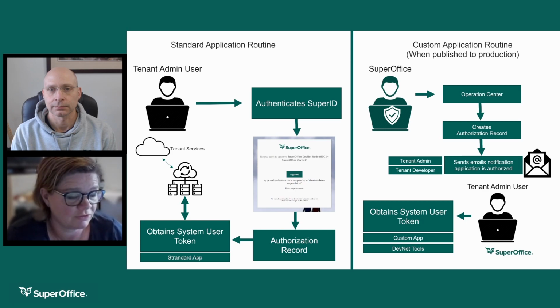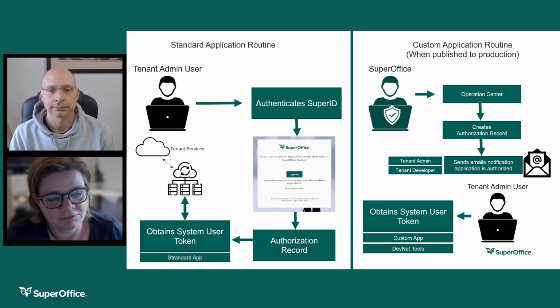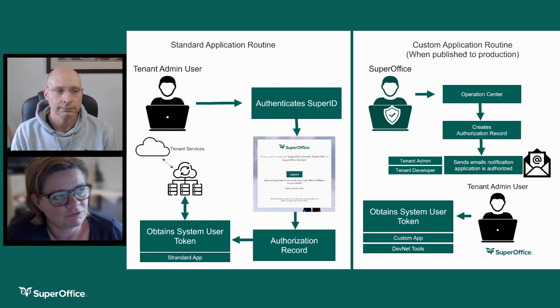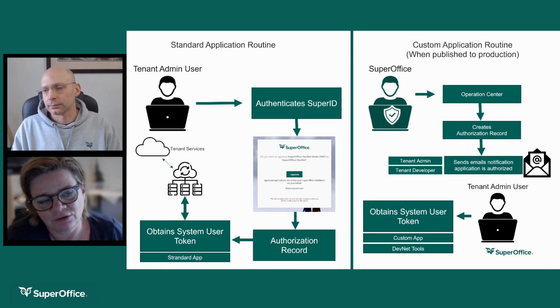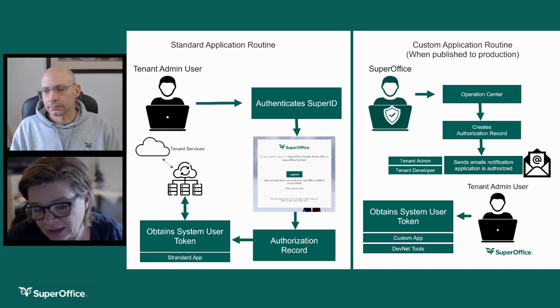As soon as it's authorized, it's good to go. That's the main difference between custom and standard. Standard can be authorized by any administrator, while for the custom application, we explicitly set the authorization record in OAuth before the application has access to the web services.